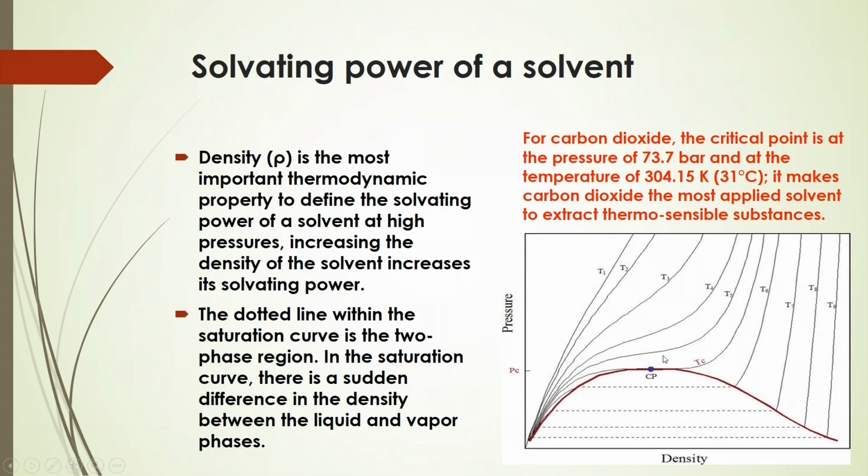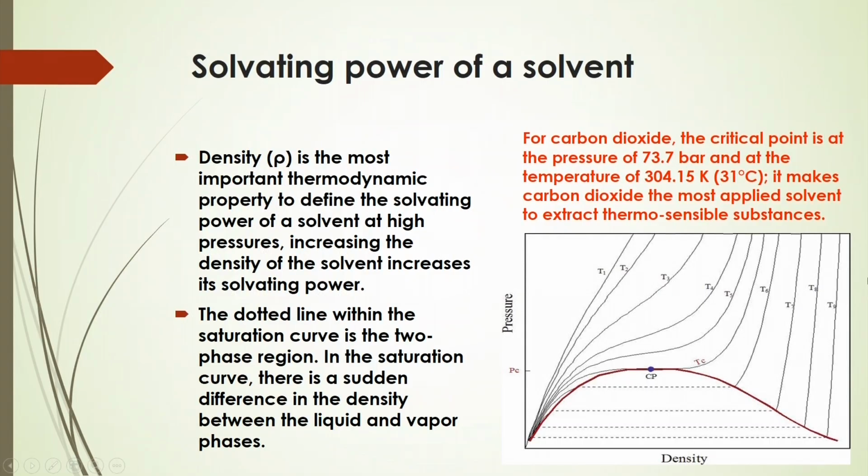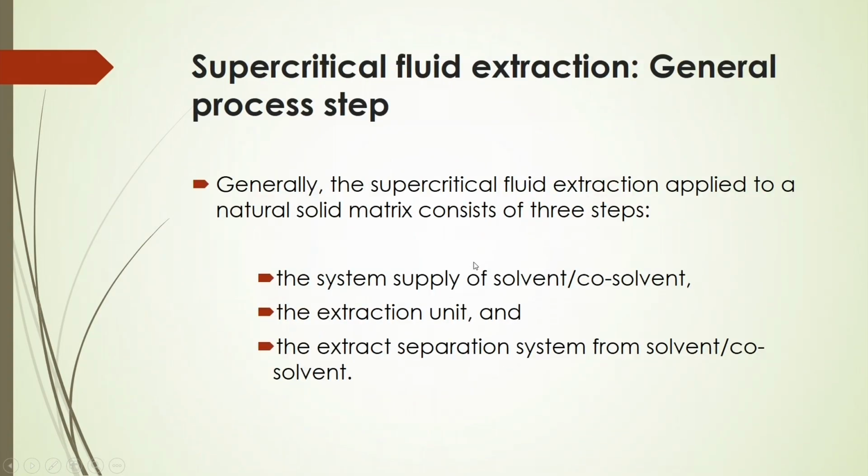For carbon dioxide, the critical point is at a pressure of 73.7 bar and a temperature of 304.1 K. This makes carbon dioxide the most applied solvent to extract thermosensitive materials. So, density is one of the important thermodynamic properties to define the solvating power of the solvent for the extraction process at high pressure.